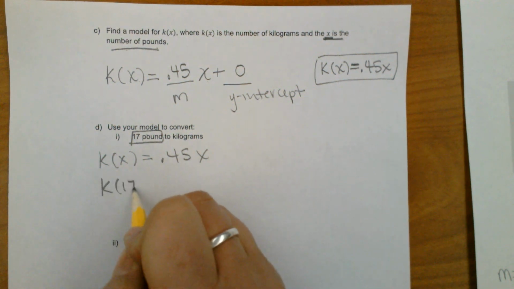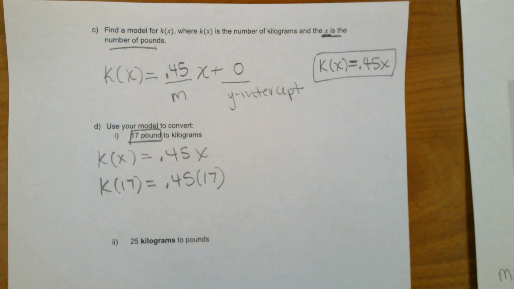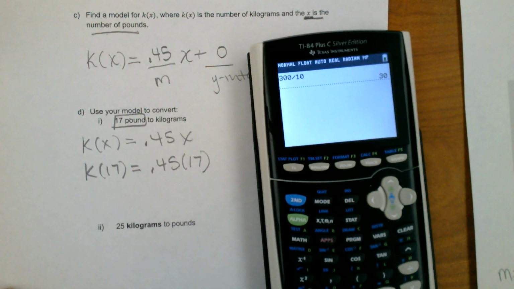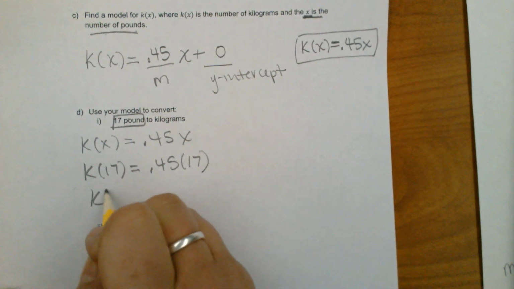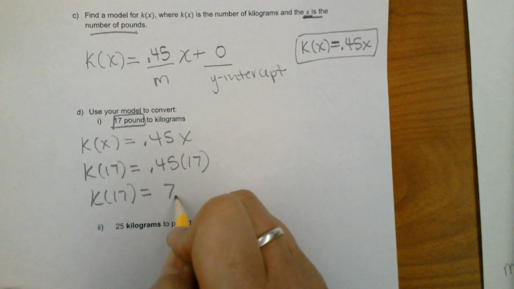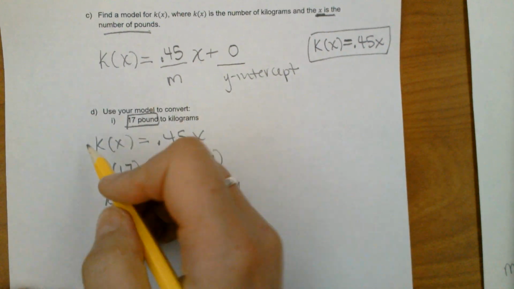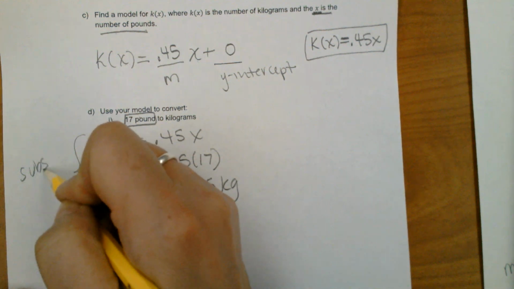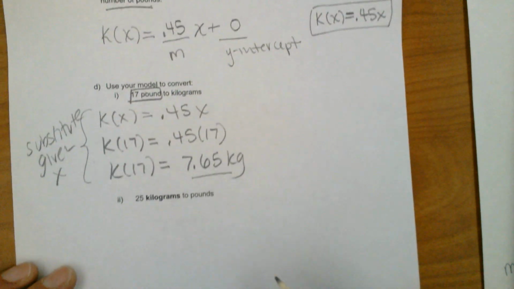So all we do is we substitute the 17 in. And then we get the calculator, and all we do is put 0.45 times 17. And that's 7.65. So 17 pounds is 7.65 kilograms. Okay, so this was a substitution problem because we were given the X.